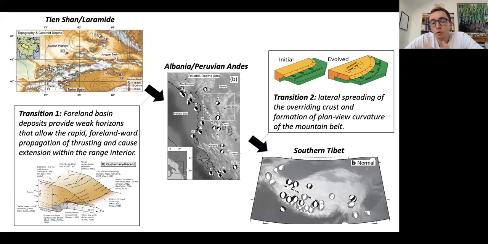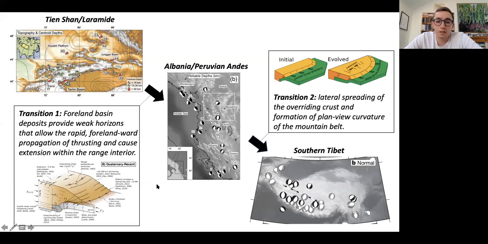And then as shortening progresses and the buoyancy forces continue to dominate the pattern of deformation along the margins of the mountain belt, you might expect that gravitational spreading leads to a divergence of the radial thrust vectors along the margin of the mountain belt, and will eventually lead to a switch into along-strike shortening.